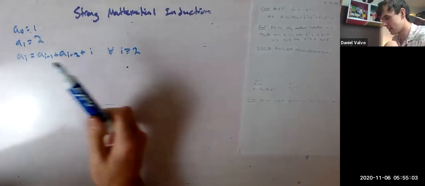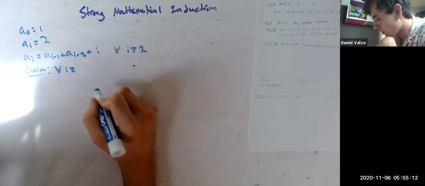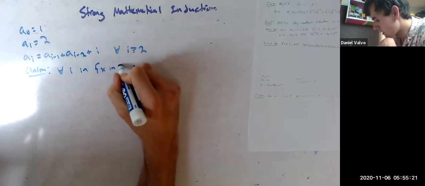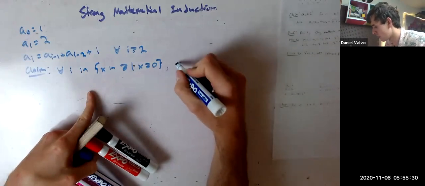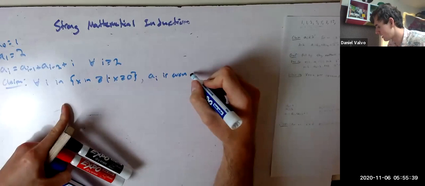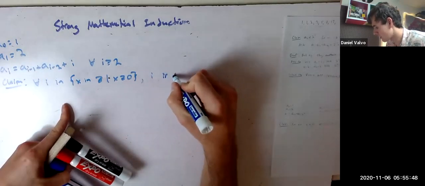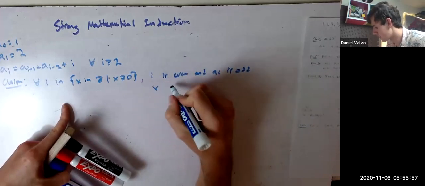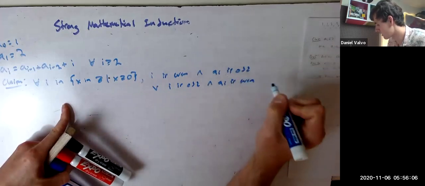So here is the sequence. And then my claim about this sequence is that for all i in the set of integers greater than or equal to 0, Ai is even and i is odd, or i is odd and Ai is even.